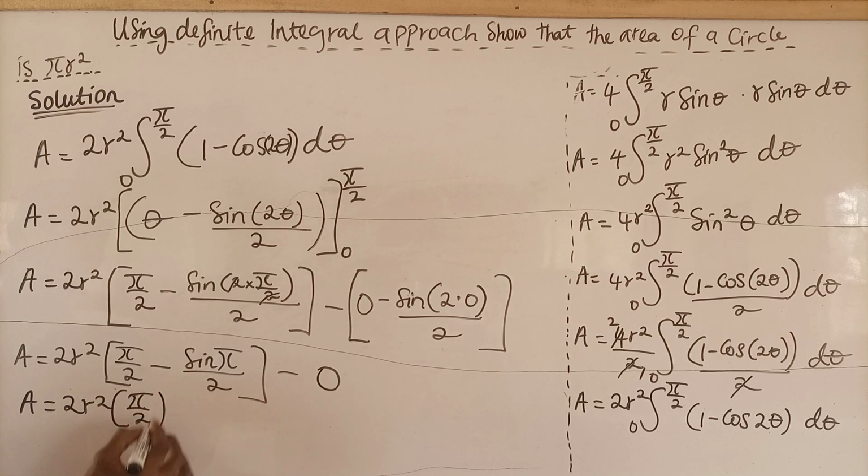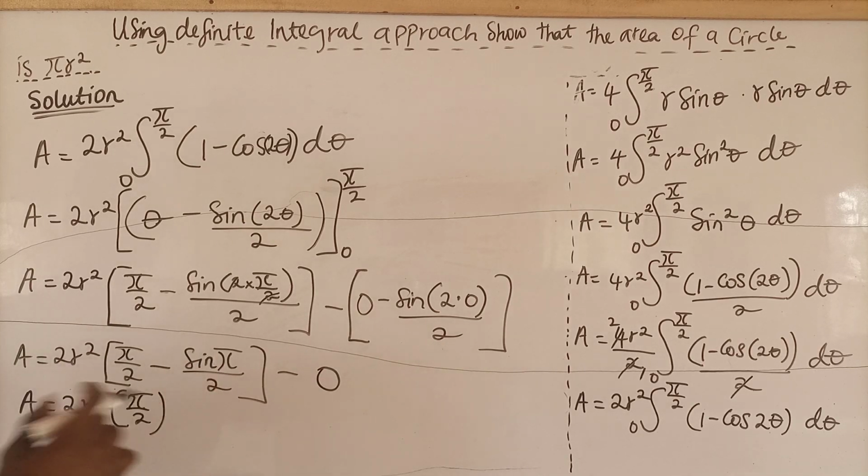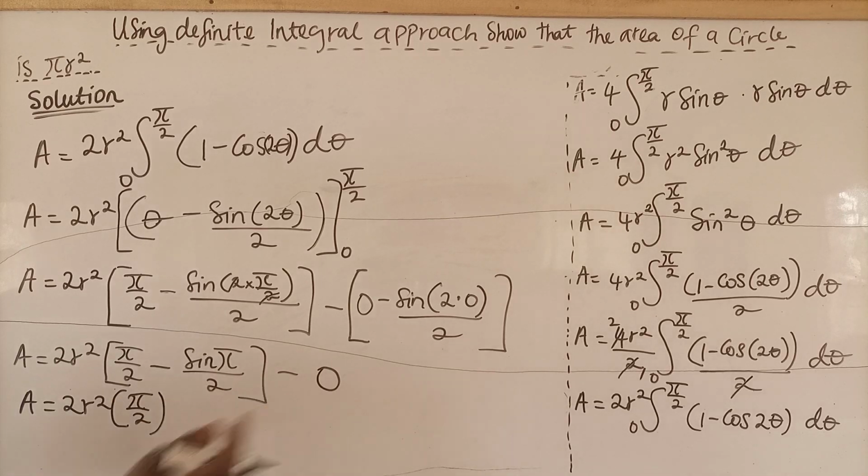Because sine pi, sine 180 degrees, is what? 0. So 0 divided by 2 is 0, so this one is out. So we are going to cancel this one, so that our area is equal to r squared times pi.